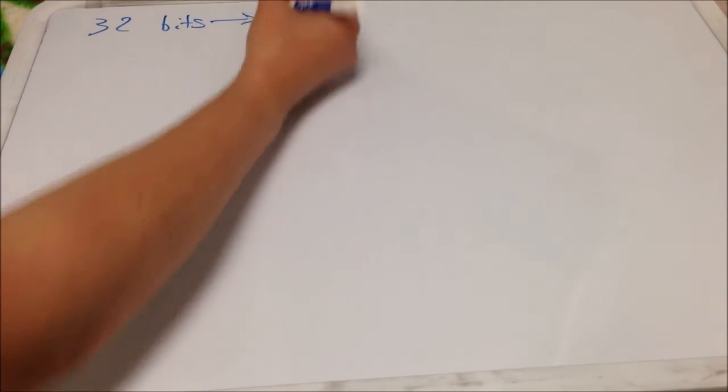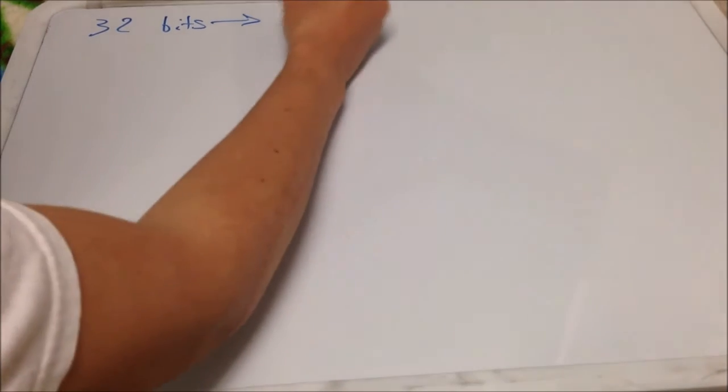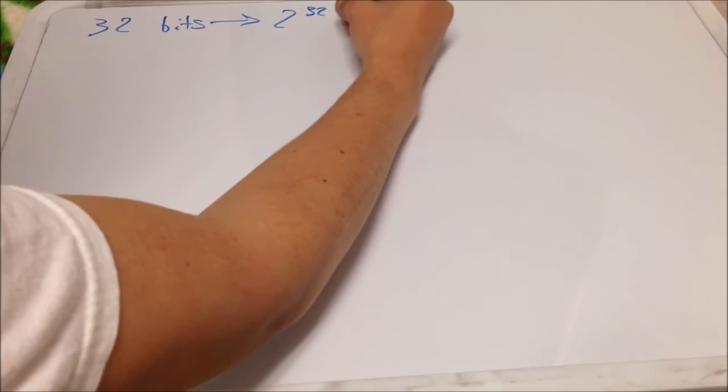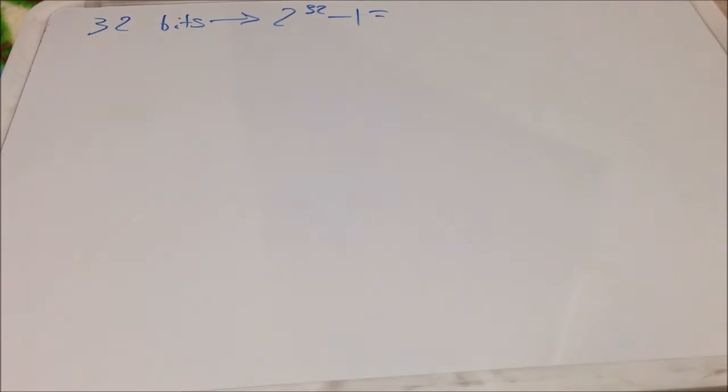So let's see what's the highest number we could represent with 32 bits. Well, that'd be 2 to the 32 power minus 1. And let me put that into my calculator.